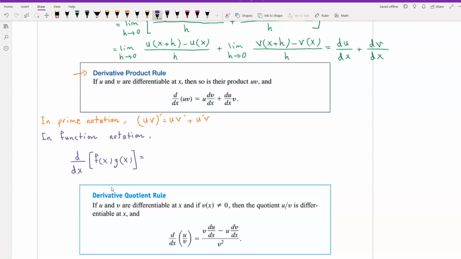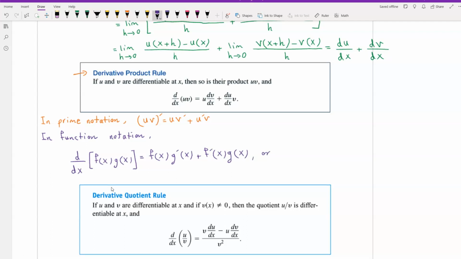here on this part, instead of product of u times v, we have f of x times g of x. So derivative with respect to x of f of x times g of x is equal to f of x times derivative of g of x plus derivative of f of x times g of x.